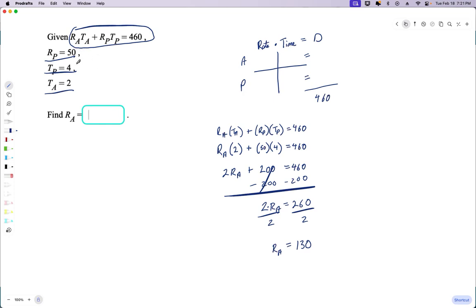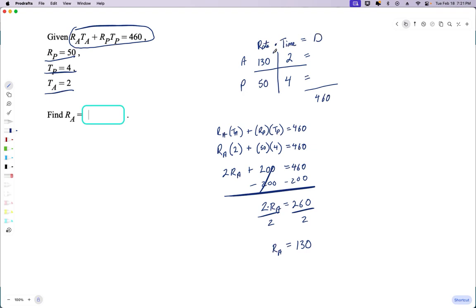So given all the information that we were given to start with, RP, the rate of P, is 50. The time of P was 4, right? The time of A was 2. Well, this tells me the rate of A is 130. So now we just have to multiply. Rate times time equals distance.